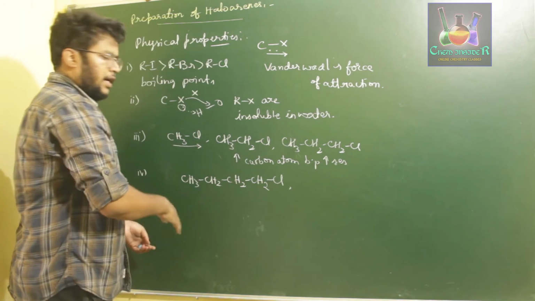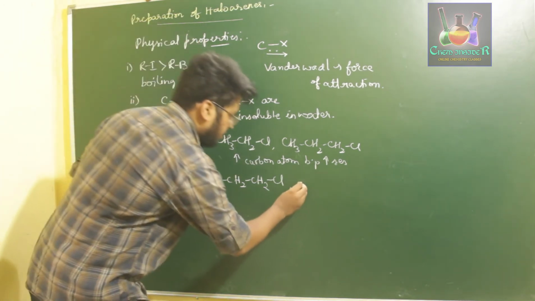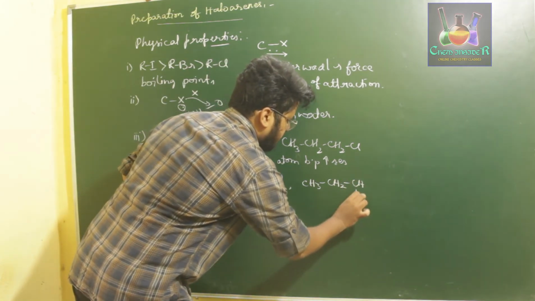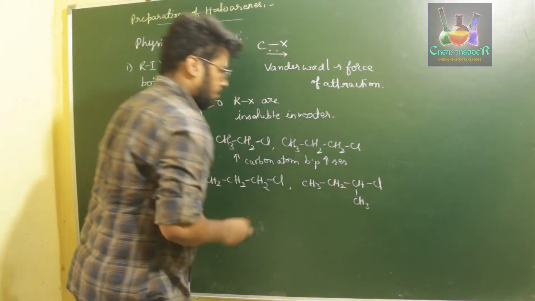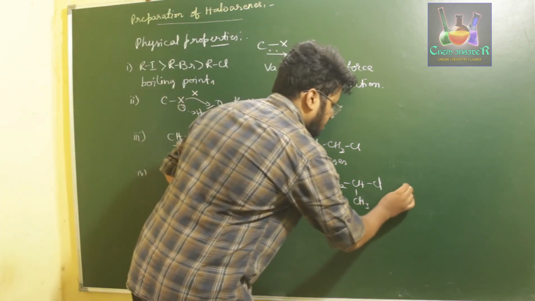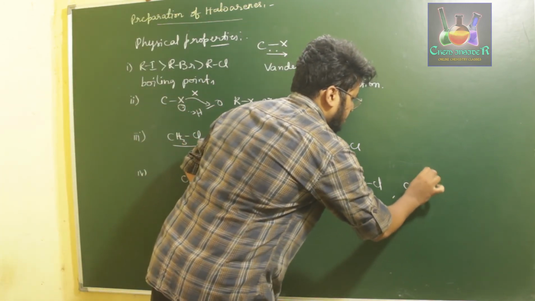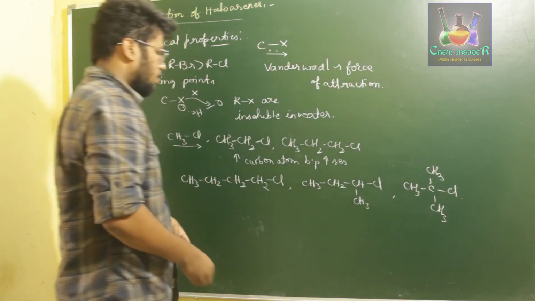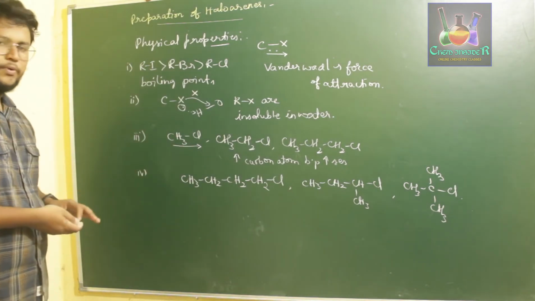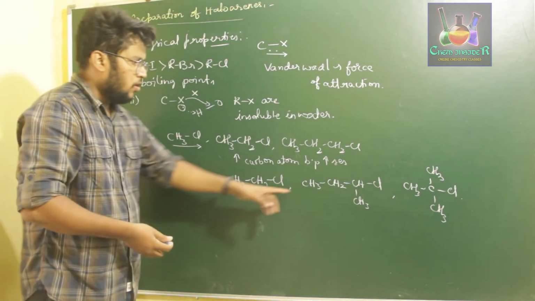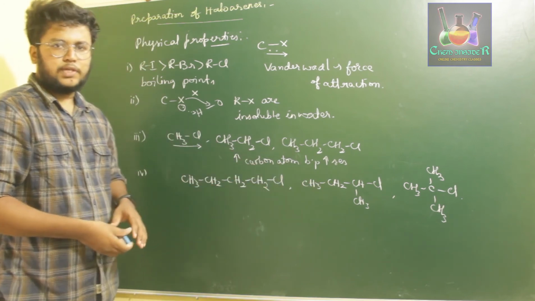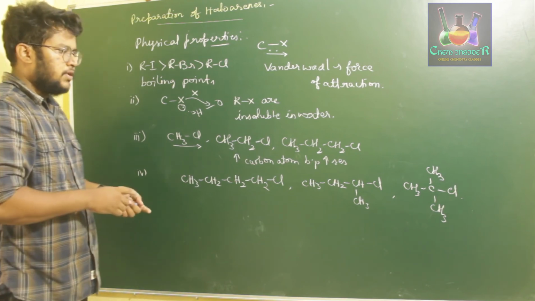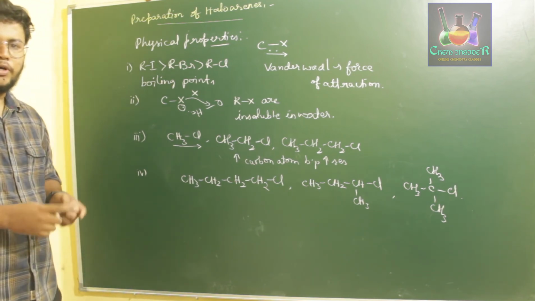This is one compound, and one more isomer with branching is CH3CH2CH(CH3)Cl, and we have one more type of isomer, that is CH3C(CH3)2Cl. So these are three different isomers of chlorobutane, right? These compounds have the same number of carbon atoms, but in order to compare their boiling points, with increase in branching, their boiling point decreases.